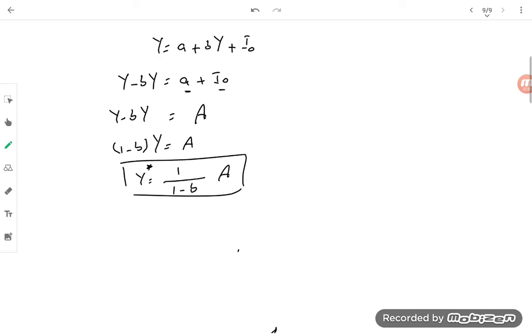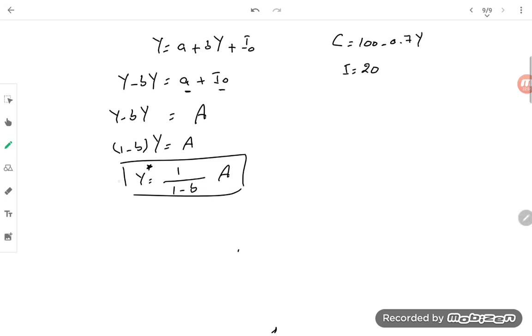Let's take an example. If you know that C equals 100 plus 0.7Y and I equals 20. Required is to find the equilibrium level of income and consumption at equilibrium.